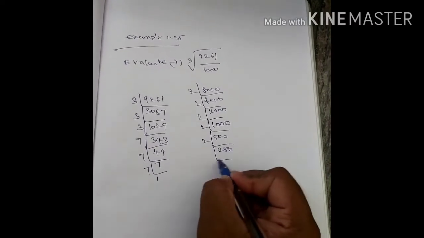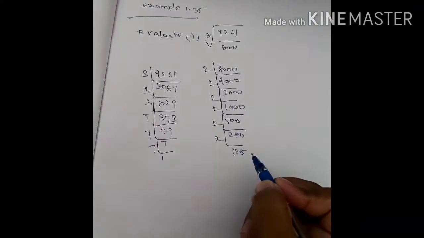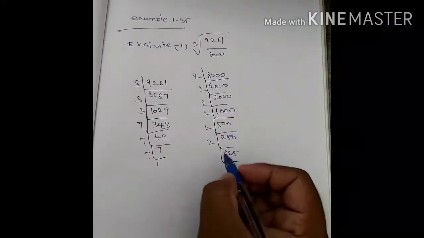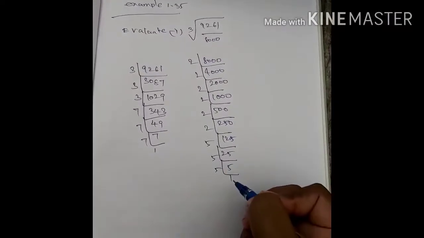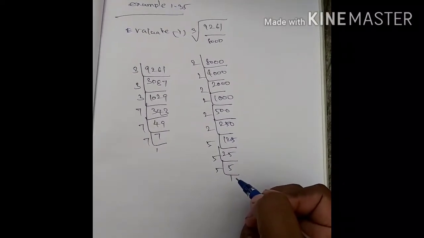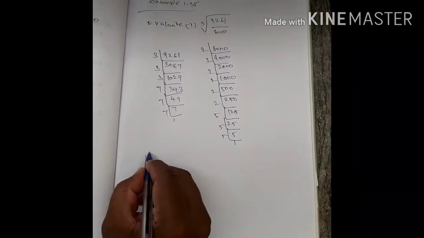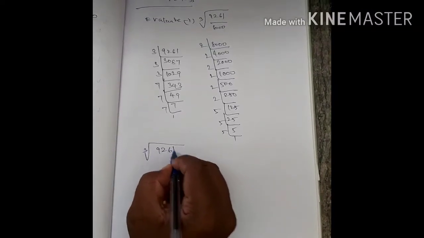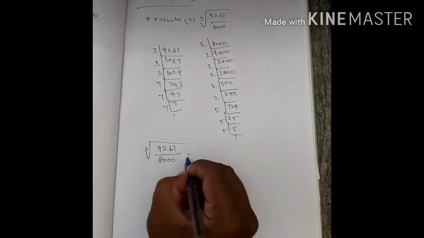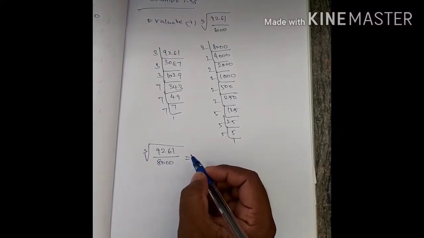Very easily you divide by 2 to get 4000, again 2000, again 1000, again 500, again 250. All these are for 2s. Then 250 gives 125, 125 is cancellation for 5s, so 25 5s are 125, 5 5s are 25, and 1 5s are 5.